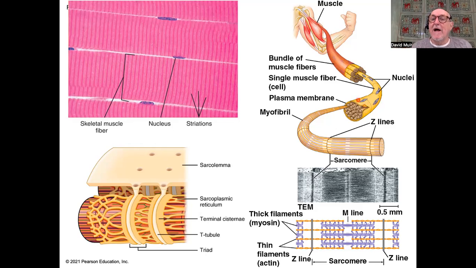So it's surrounded by cell membrane, and that is called the sarcolemma. Here's the name here. We'll refer to it again in a minute. That's the sarcolemma. That's the cell membrane of the individual muscle cell. But if we look on the inside of this muscle fiber, we'll see a whole lot of bundles of the different protein filaments.